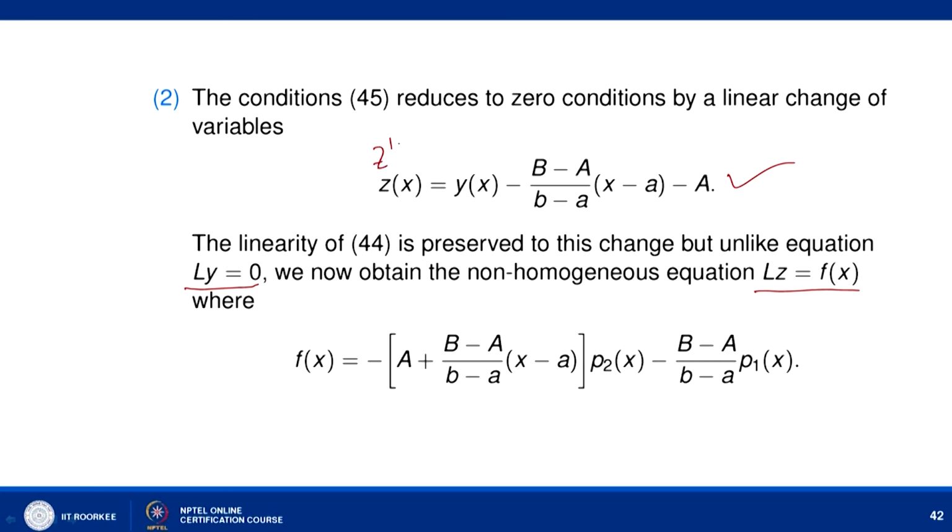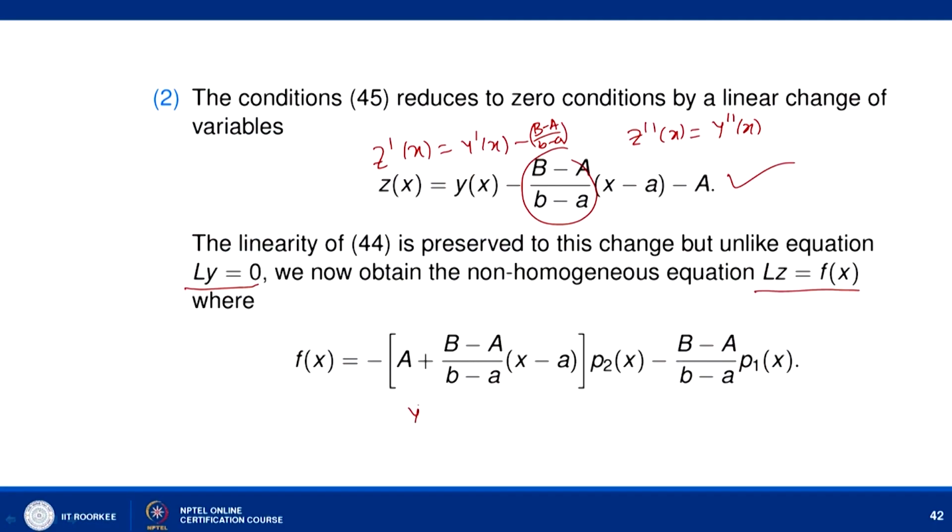You can write z dash x as y dash x minus some quantity, and the derivative of x is simply 1, so you will get this quantity, that is, capital B minus capital A divided by small b minus small a. And if you look at z double dash x, then we have y double dash x. Is it okay? Then using these values, if you put them back, let me write it here.